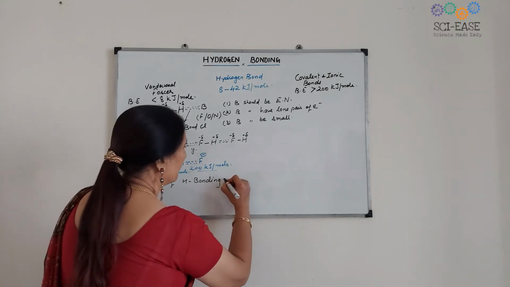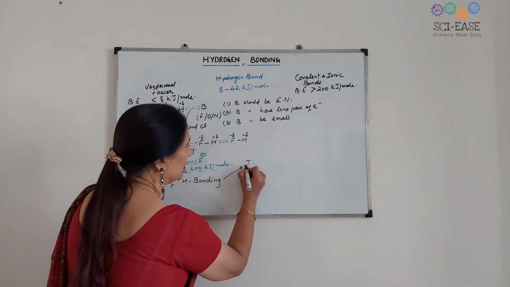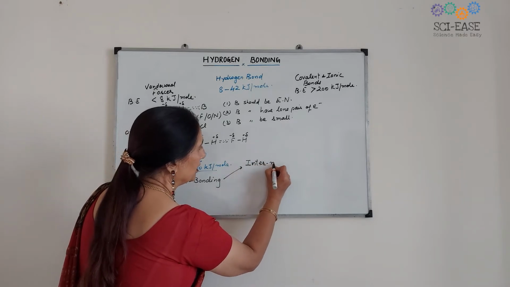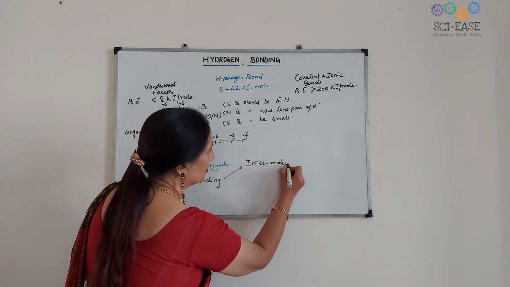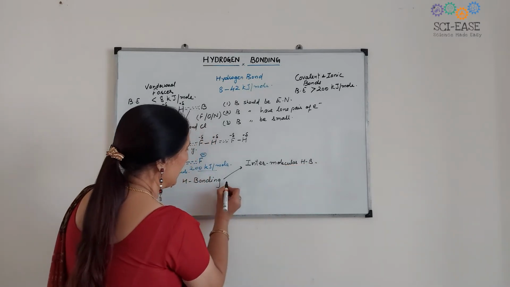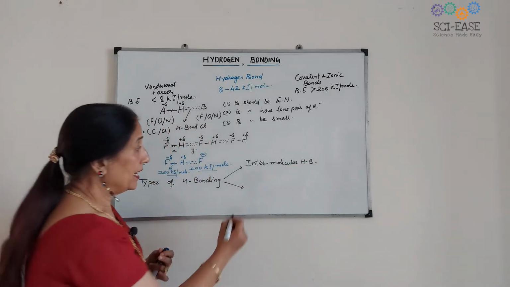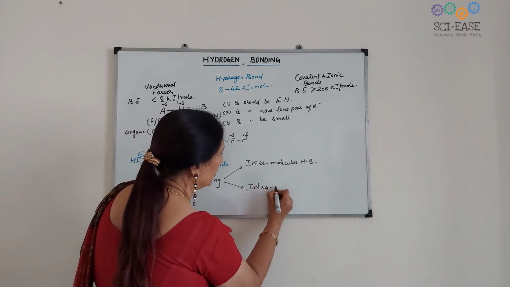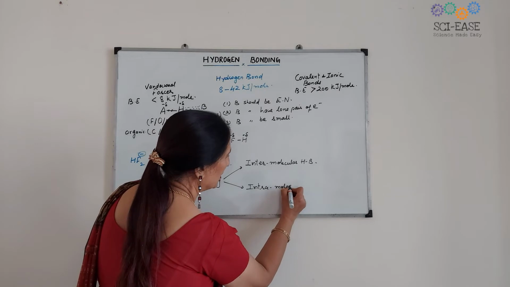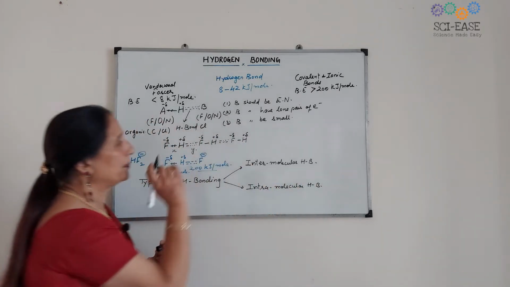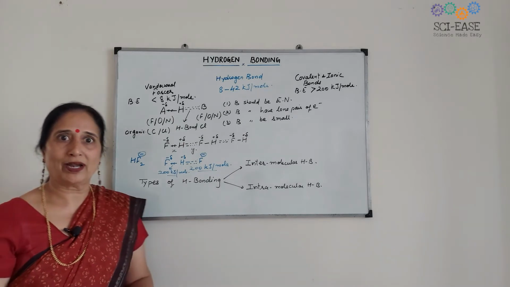One is intermolecular hydrogen bonding, and the second one is intramolecular hydrogen bonding. What do you mean by intermolecular hydrogen bonding?